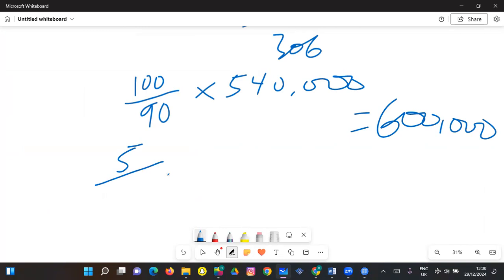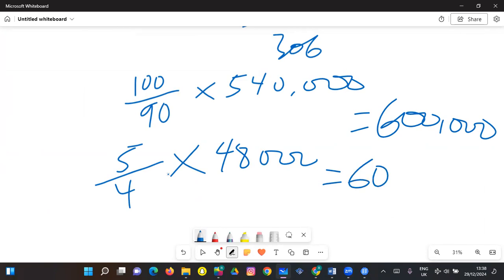You see, it's 5 years and we've used one already, so it's left with 4 years, times 48. Then we get 60,000, sorry. So that's why we arrived here.